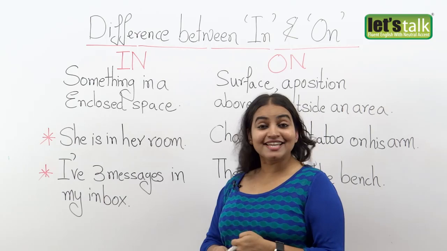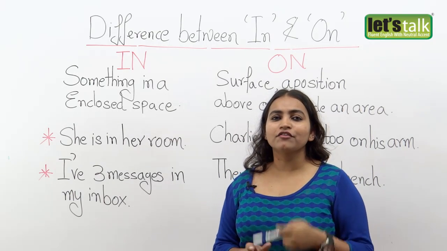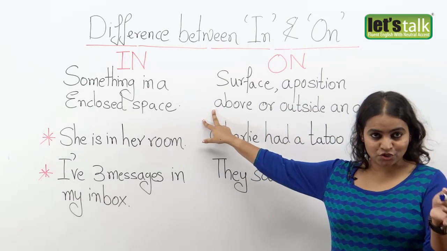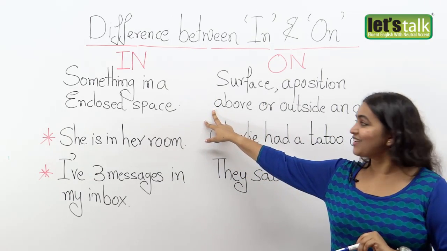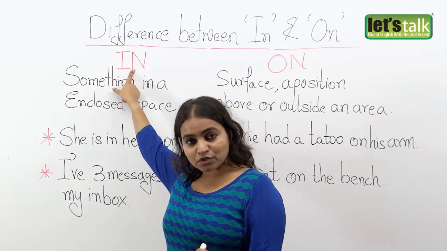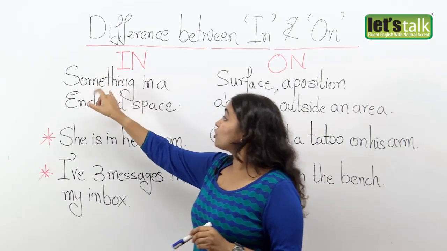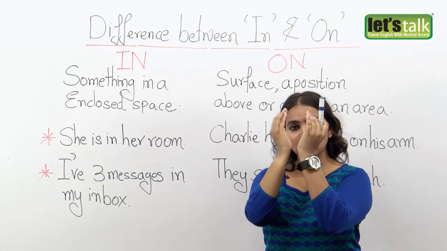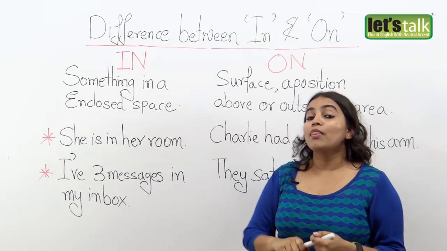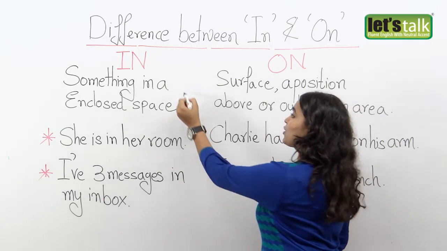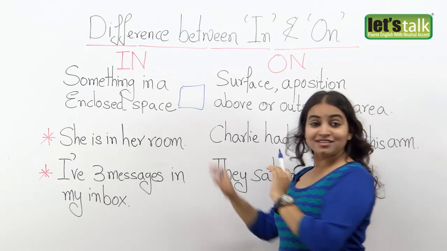Okay, so let's see the first point, the first criteria or the difference between the two prepositions. The first one being that when you use the preposition in, you are talking about something in an enclosed space. Now, what do I mean by an enclosed space? Well, do you see this?